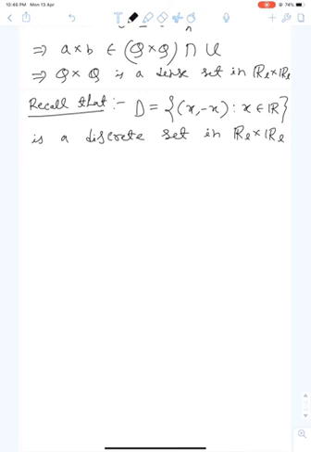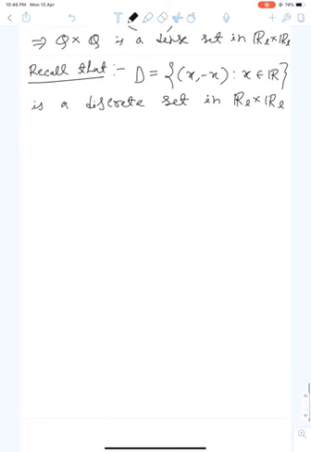That means it has a discrete topology in RL cross RL. Why? So this was my anti-diagonal, right? And we know that for any point, we have this, which intersects only one point.